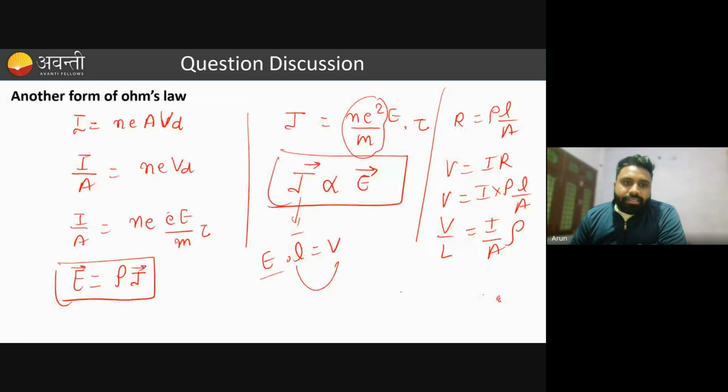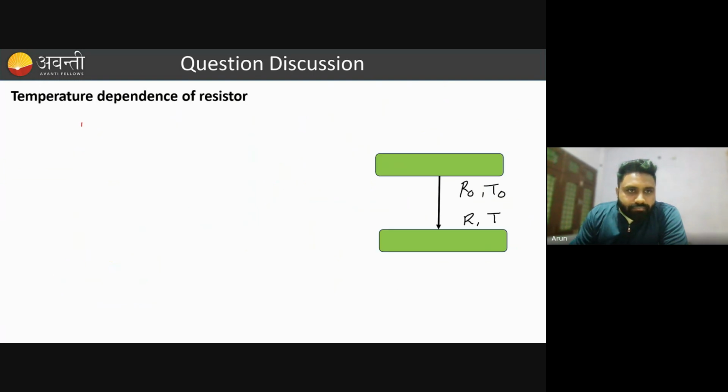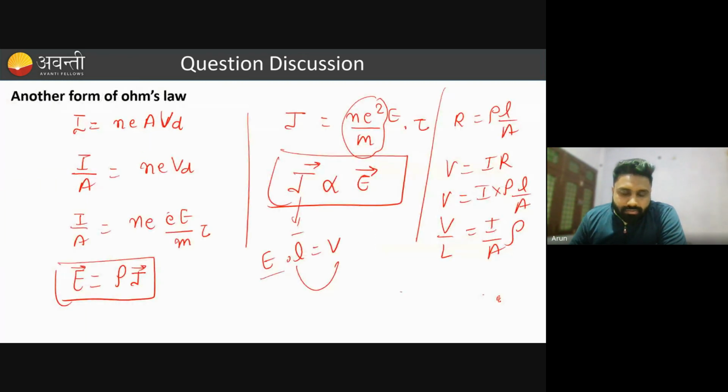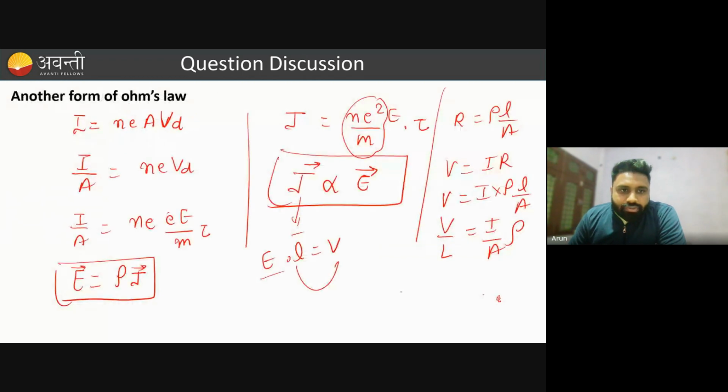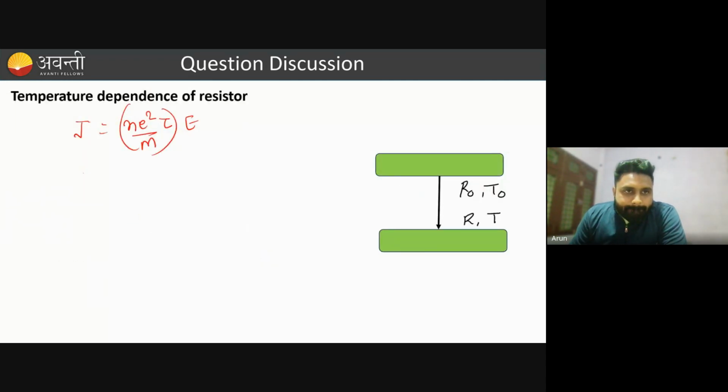We know that from here, if you compare, I upon A is J, which is ne square tau upon m into E. So this is 1 upon rho, and E is equal to rho J, so J would be E upon rho.